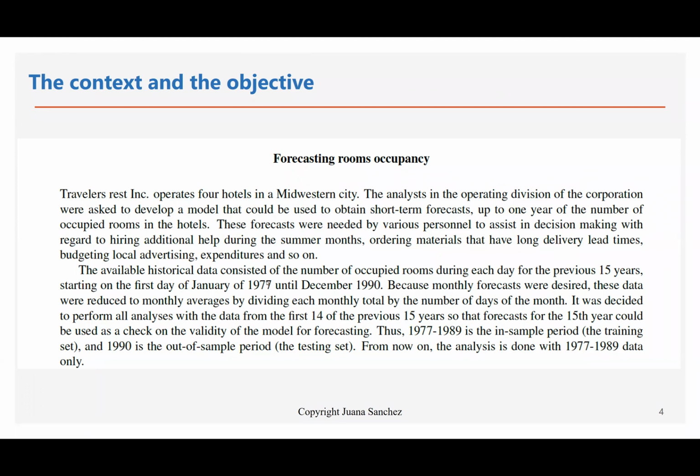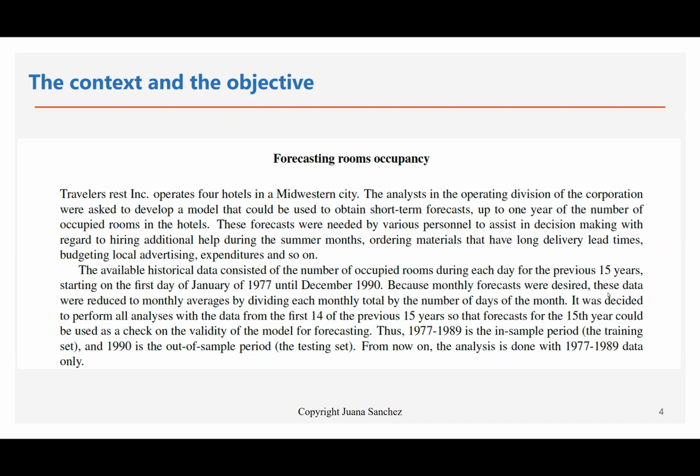So they have data, of course, and these days, even more data, right? Hotels have data like every other company. The available historical data consists of the number of occupied rooms during each day for the previous 15 years, from January 1977 till December 1990. But they want a monthly forecast. It doesn't help the hotel to have a day-to-day forecast because that could be even more variable than the monthly one.